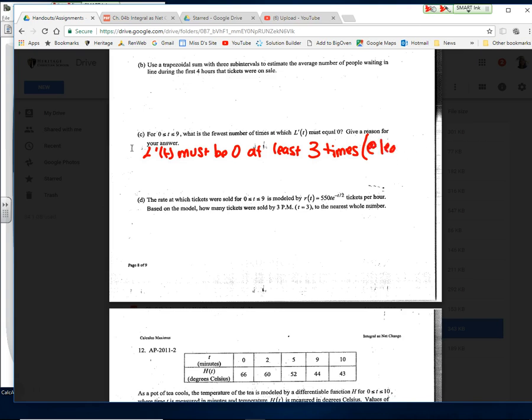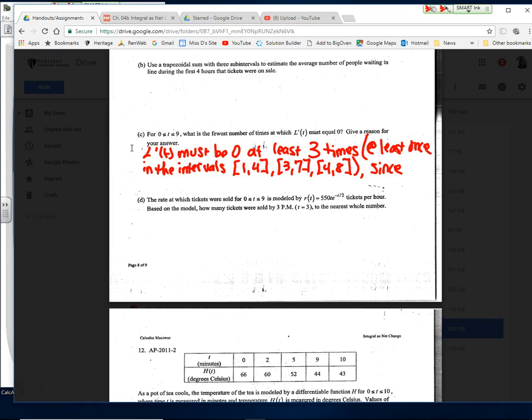I'll put at least once. 1 to 4, 3 to, what was it, 7? You guys have it in front of you. And then 4 to 8? Is that right? Can't you just say 3 times in the interval 1 to 8?